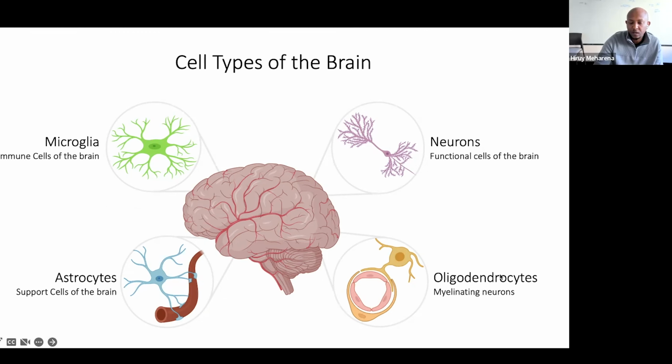There are three types. There's oligodendrocytes, which insulate the neurons so that there are no short circuits occurring in the brain, and when two neurons communicate, the communication is pointed in a very specific manner. Then astrocytes are the support cells of the brain.